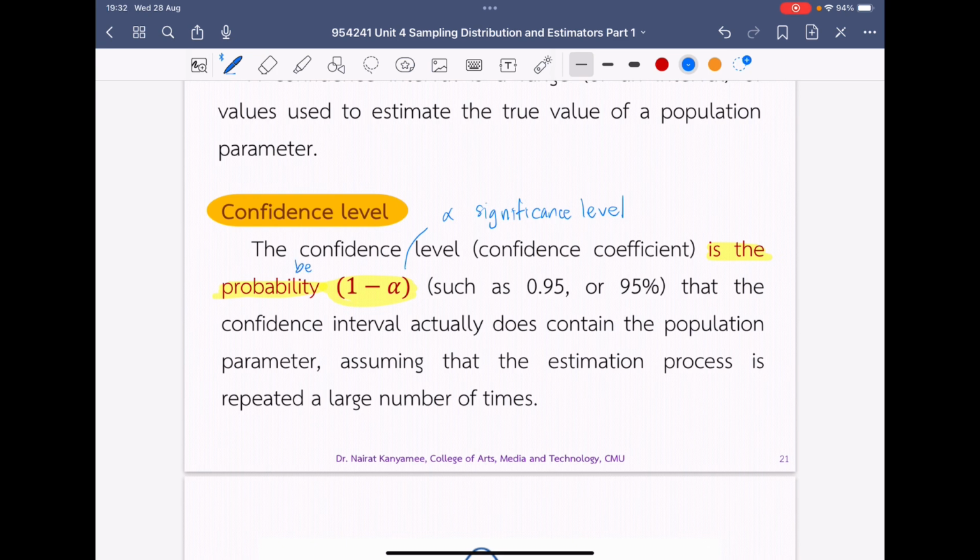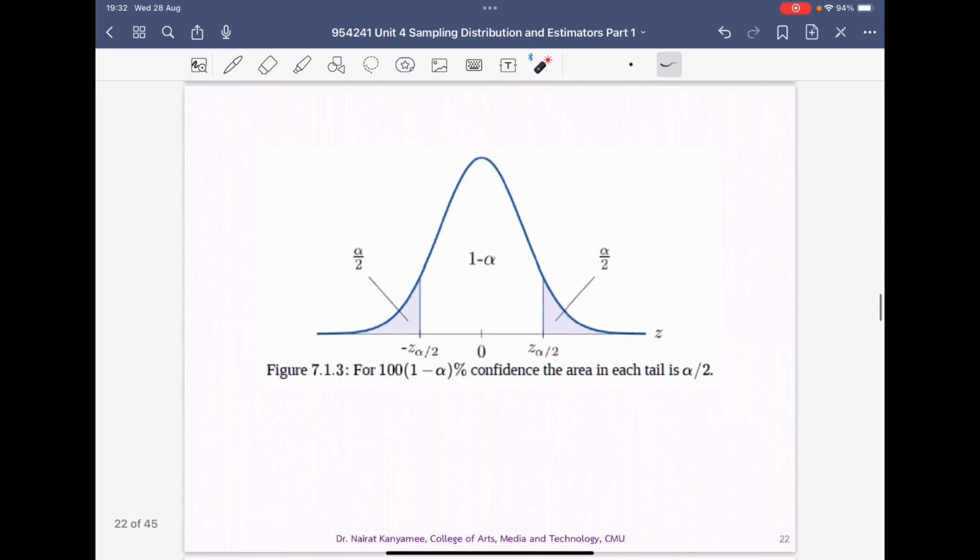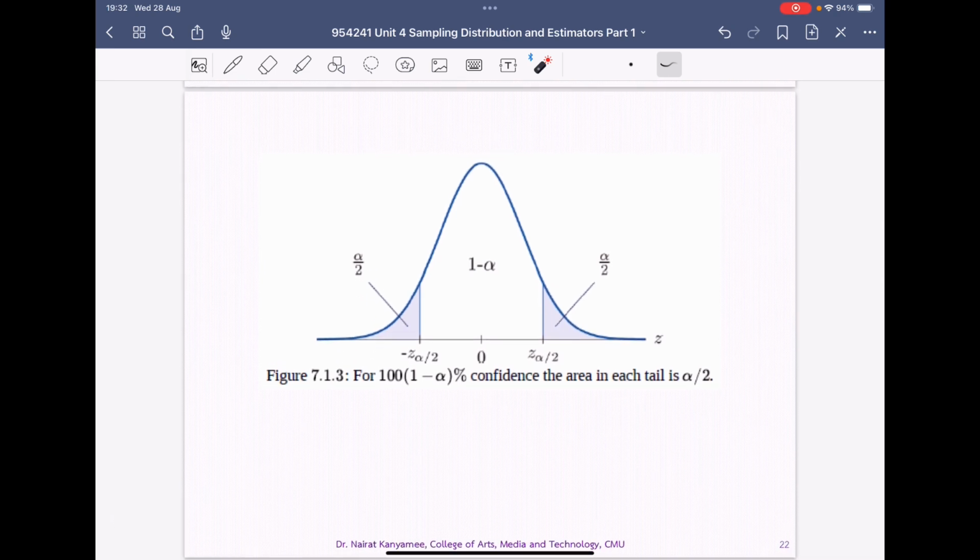The value must be between 0 and 1. And alpha is the significance level.